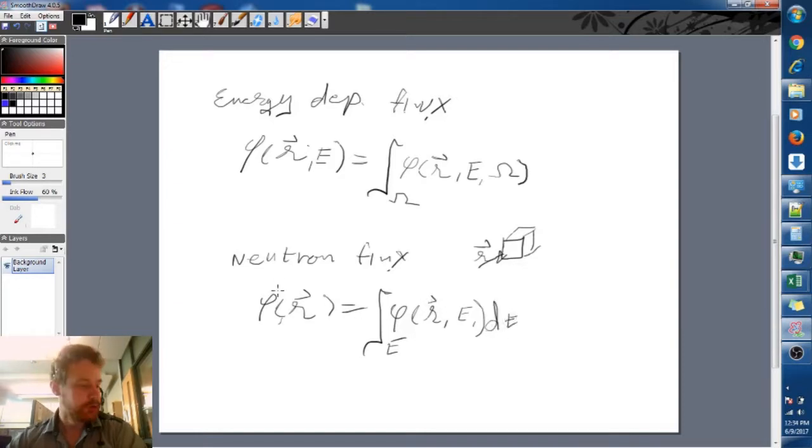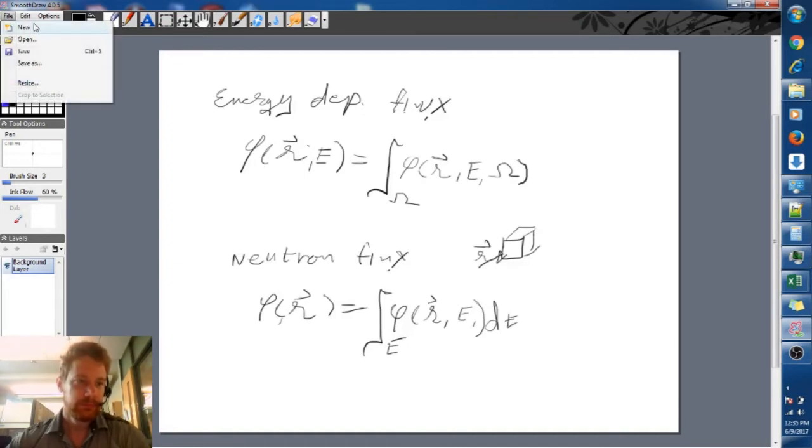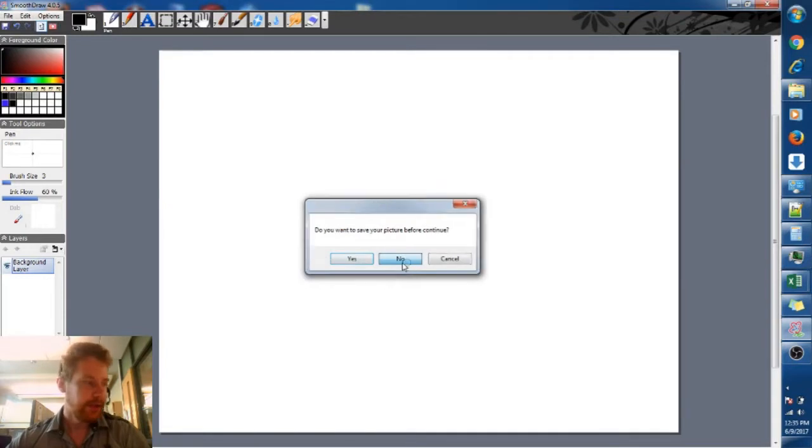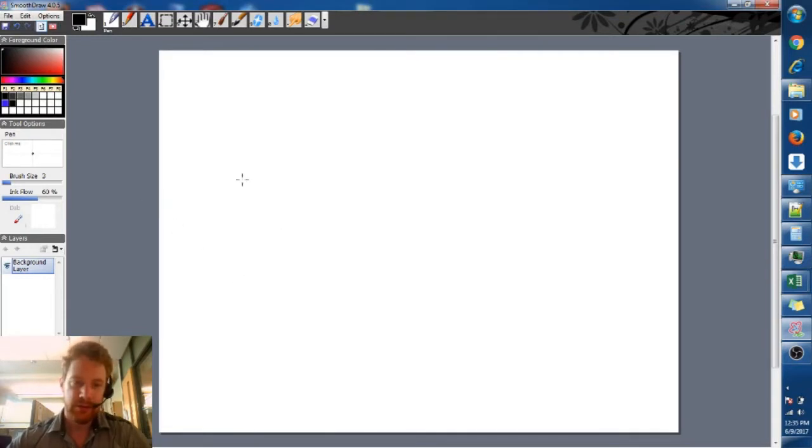That's our neutron flux. There's a special case I want to touch on, and that's in the case of isotropic angular flux.